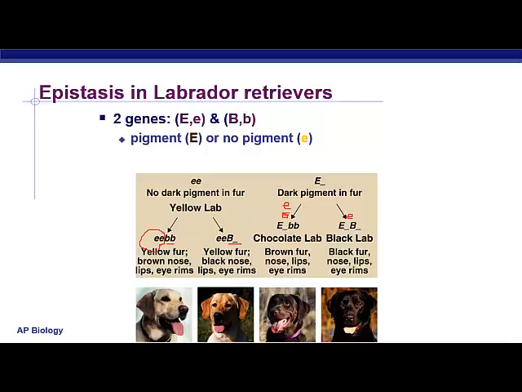Okay, right? So in the case of the dog fur coat colors, your second gene that you have here is your coat color, okay? But you don't show that coat color unless the other gene says to.